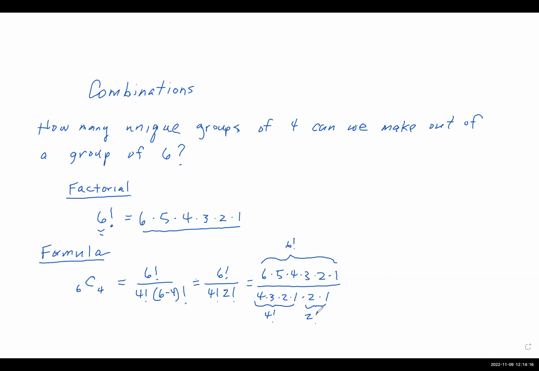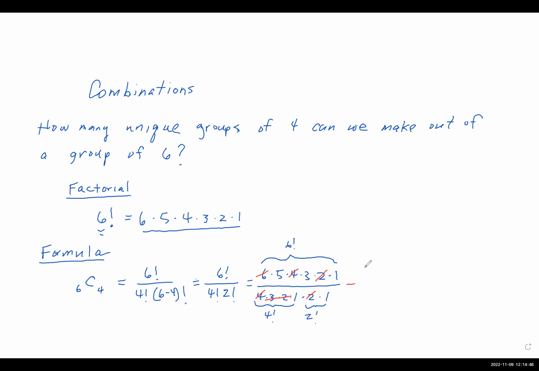And the nice thing, since it's all multiplication on the top, and it's all multiplication on the bottom, I can start canceling things before I even multiply. For example, 3 times 2 is 6, like that. 4 cancels with 4. 2 cancels with 2. Now I'm just left with 1s on the bottom.